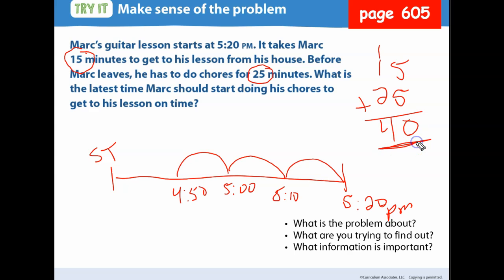And how many minutes did it take him? 40, right? So I got to go one more 10. So take away 10 minutes from 4:50? 4:40. So what's the latest time that Mark should start doing his chores to get to the lesson on time? 4:40. Okay. All right. You good?